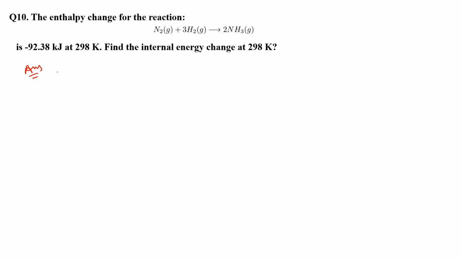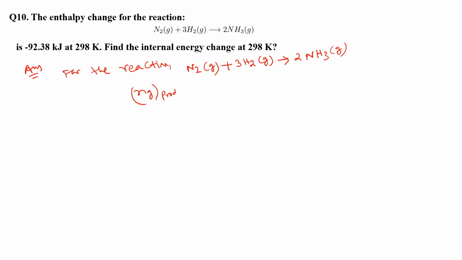So, here for the reaction N2 gas plus 3H2 gas gives twice NH3 gas, Ng of products is 2, Ng of reactants is 1 plus 3, which gives 4.